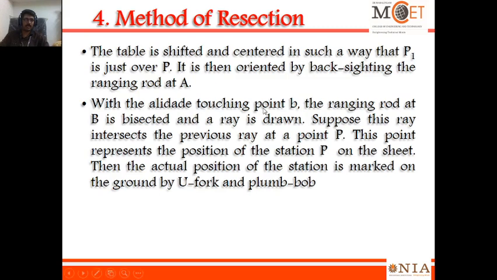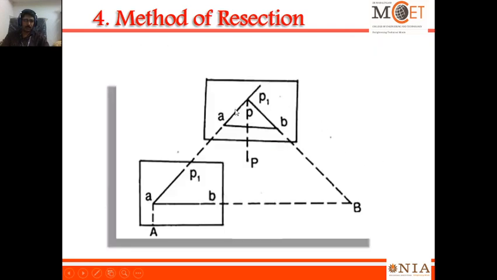It is then oriented by backsighting the ranging rod at A, right? With the alidade touching the point B, the ranging rod at B is bisected and a ray is drawn. Suppose this ray intersects the previous ray at the point P. This point is the required point. It can be transferred to the ground by using the U-fork and the plumb bob, right?